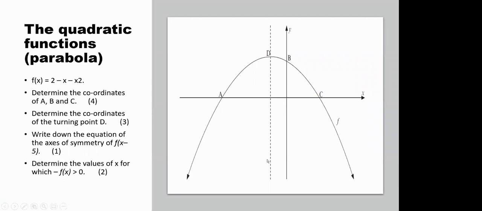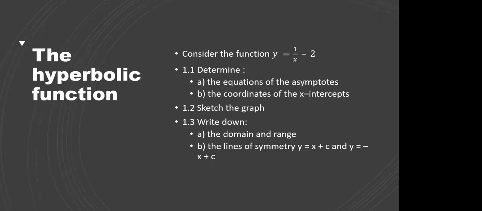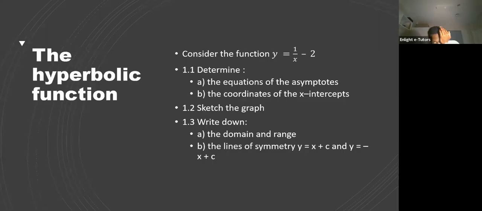Do you understand? I do. Okay. And then there is the hyperbola. Hyperbola, like I said, is the one that is 1 over x, the one that sits either in the second and fourth quadrants, or the first and third.